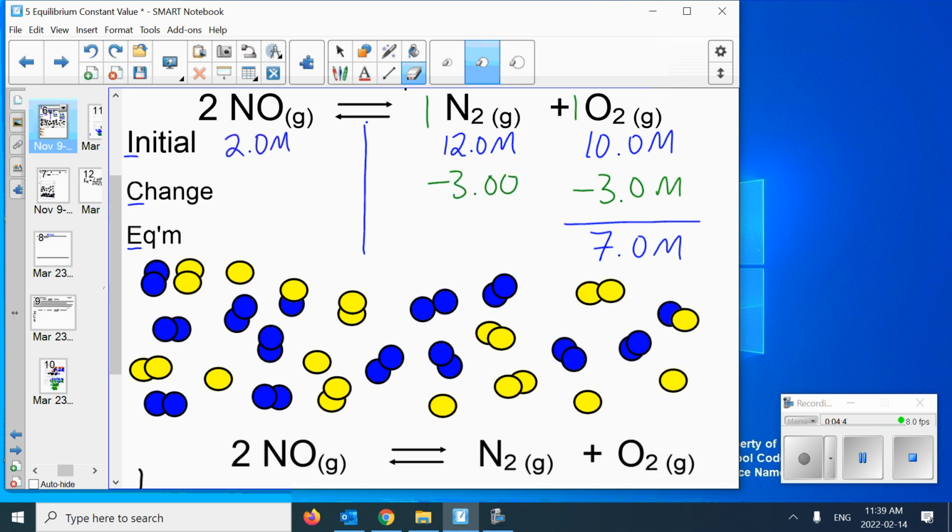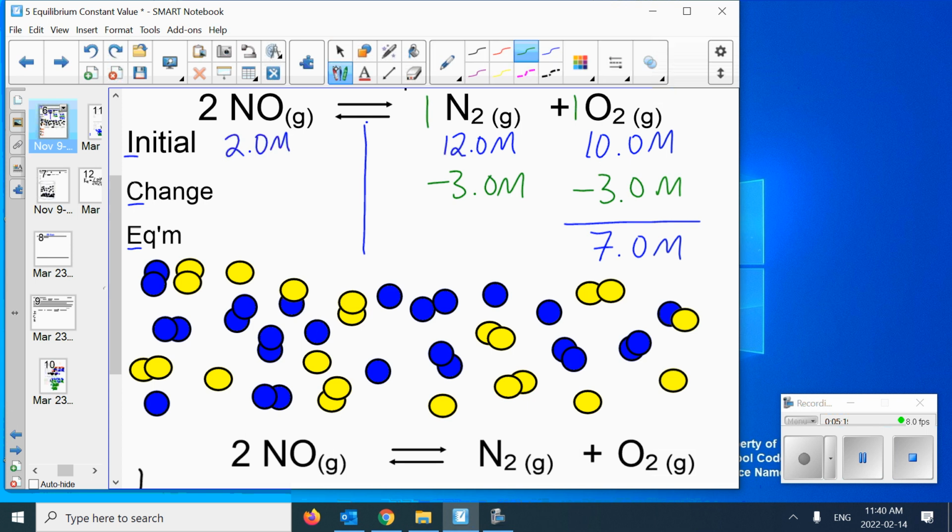Now, if I break up 3 N2s, 1 apart, 2 apart, 3 apart. Okay, I've just broke up 3 groups of N2, right? At this moment, how many N2s are there? Should be 9, and our arithmetic tells us 9. So 12 minus 3 is 9.